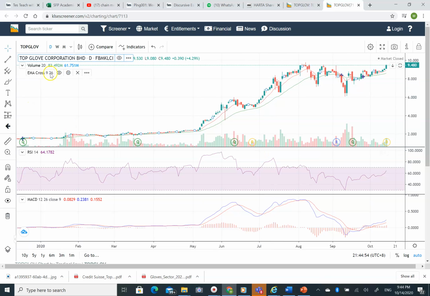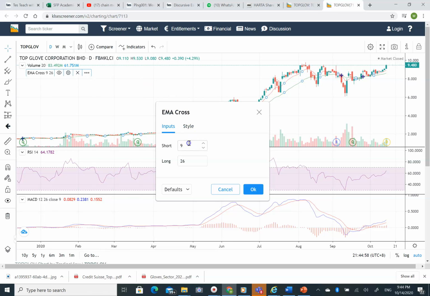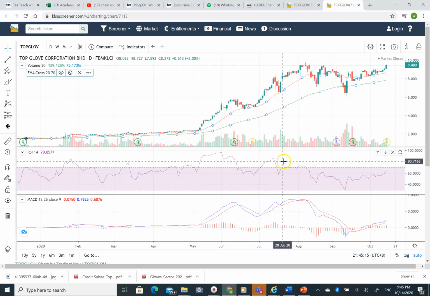If you look at this EMA cross, we can change this. You go to the screw. Normally we will use 20. 20 EMA means exponential moving average. 20 means the moving average price for 20 days. And then normally I will put 50 or 70. We click OK.